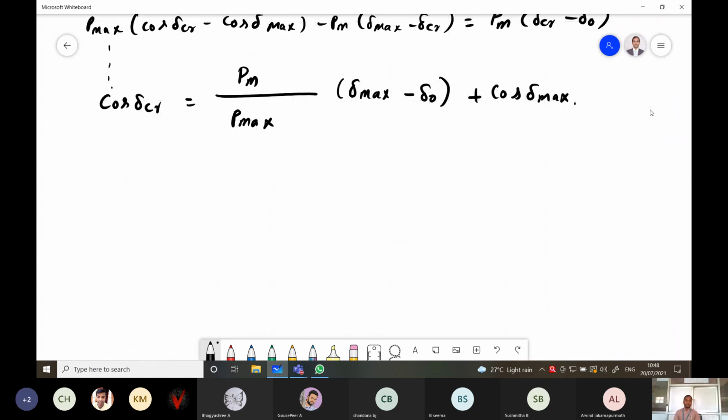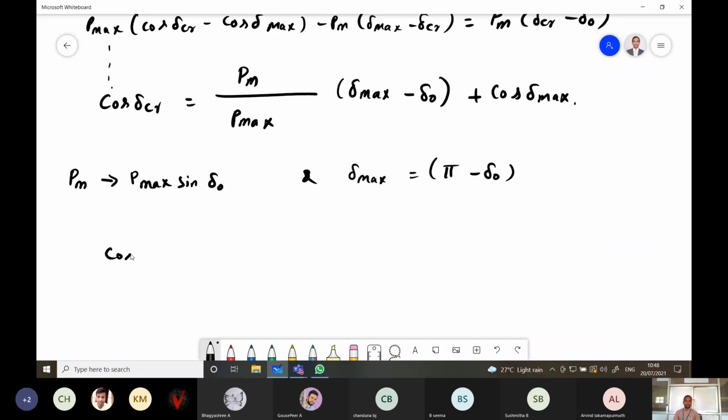We get this expression. In this case, Pm you can write as Pmax sine delta naught, and delta max can be written as pi minus delta naught. Substitute these two things.